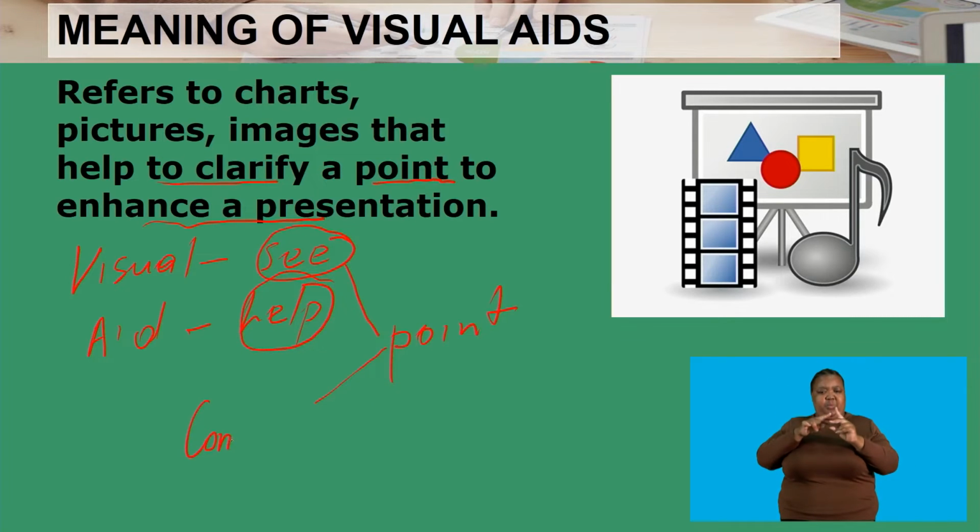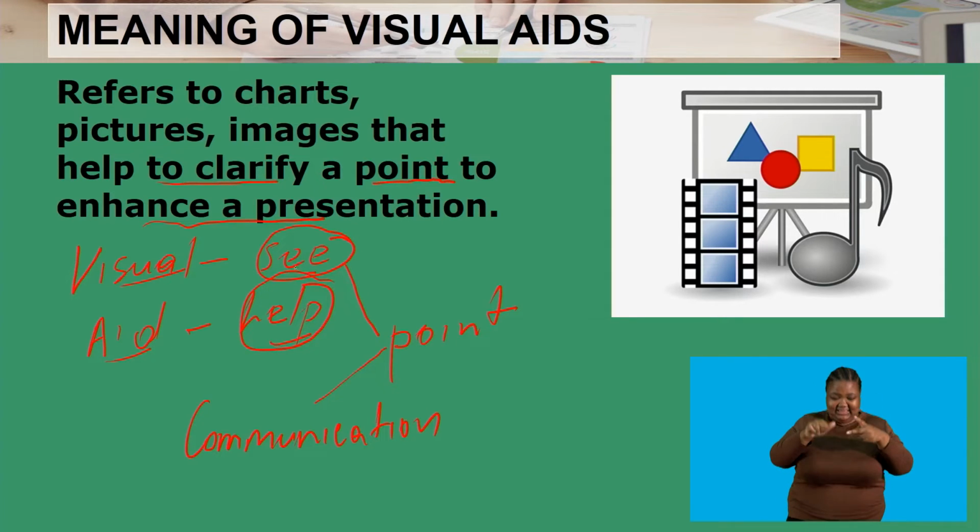Is communicating. So that is what we mean with visual aids. Visual has to do with seeing, aid has to do with help. So visual aids would help us to see the point that is being communicated by the presenter.